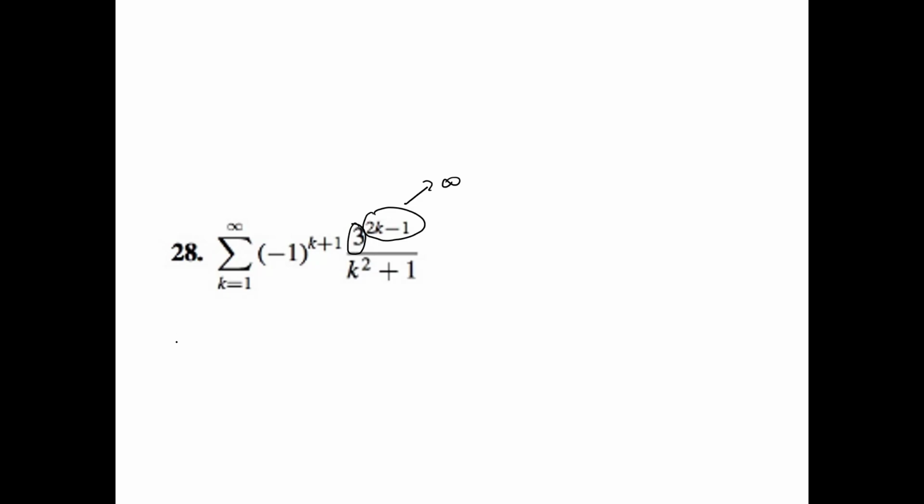We could show that with L'Hopital. So we can look at the limit as k goes off to infinity of 3 to the 2k minus 1 over k squared. Again, we're going to use L'Hopital, so we have to change this to the limit as x goes off to infinity of 3 to the 2x minus 1 over x squared.